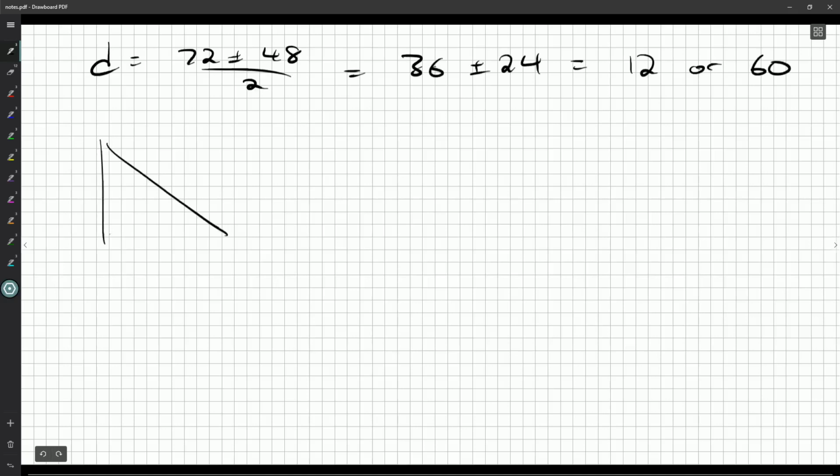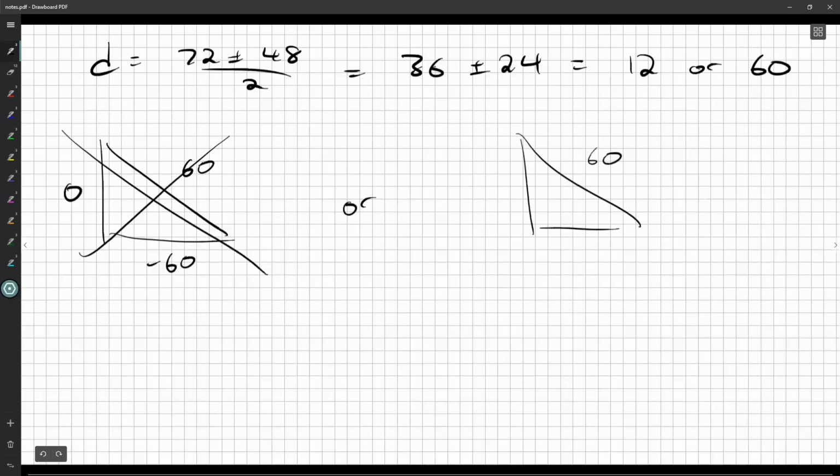So what triangles do we actually get? Well, we could get 60, 60 minus d, 0, and then minus 60. Or 60, 60 minus 12, and then 60 minus 24. And that would work. And if you want to, you can double check. But this is a 3, 4, 5 triangle. Just multiply by 12.